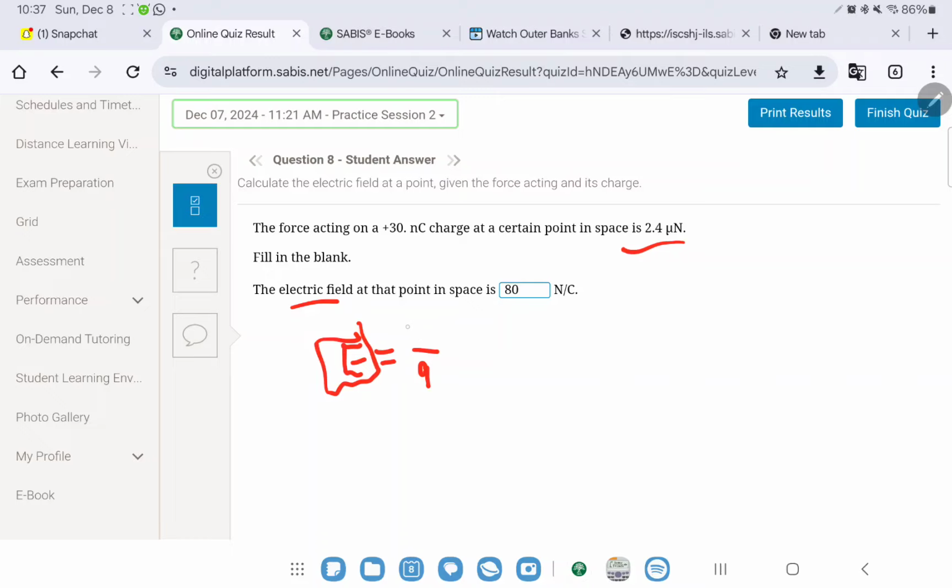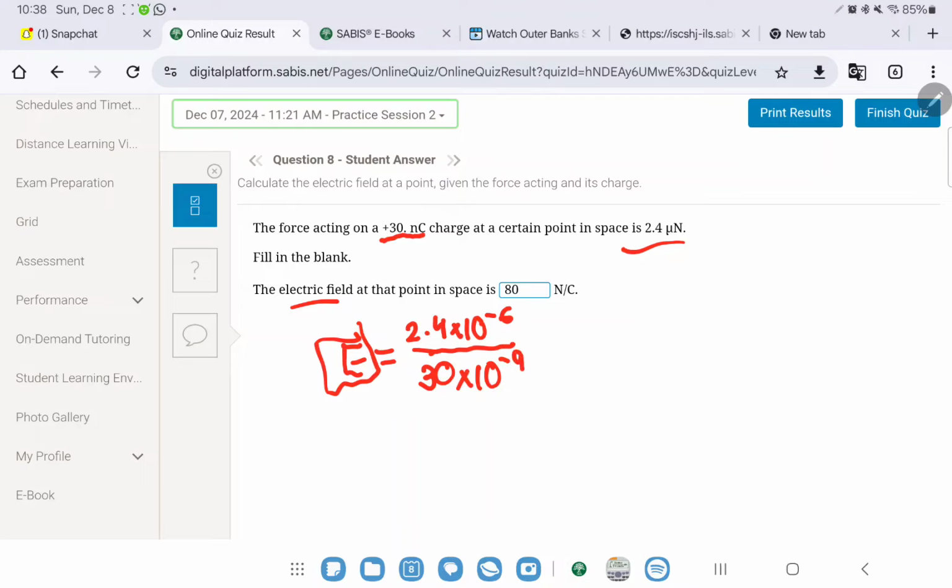We need to convert it to what is called normal newtons. So 2.4 micro means times 10 to the power of -6 over the charge, which is plus 30 nanocoulombs. So 30 times 10 power, nano means -9.